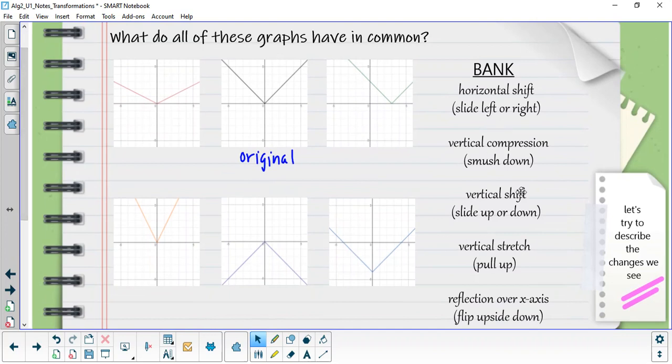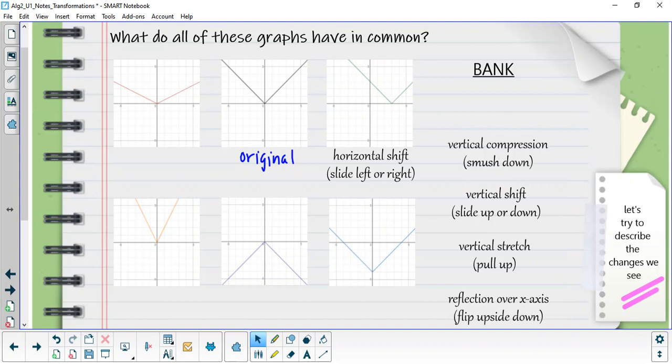And this is our bank of options. So the graph that has now moved to the left or right would be this one. So again, I started with that point in the middle, that point shifted to the right. One that is called a vertical compression, so it is smooshed down, would be this first one, because it is now wider.